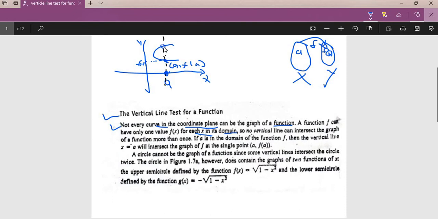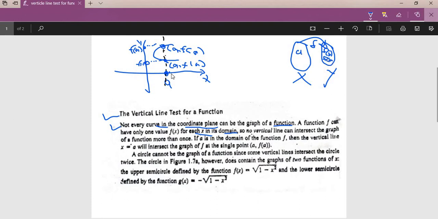Similarly, this point is also f of a, because this is the image of a, and this one is also (a, f of a). This is a very basic level concept. But we know that this point and this point are not equal. So f of a and f of a differ.